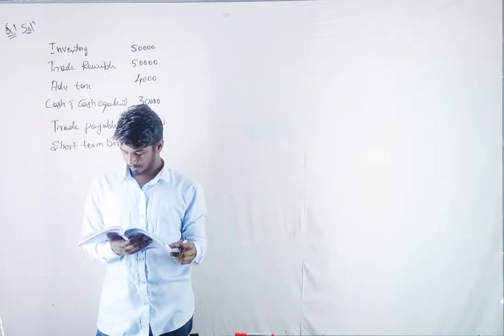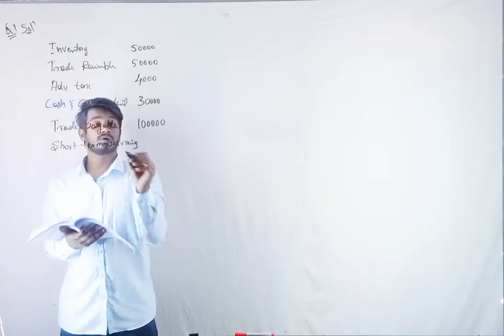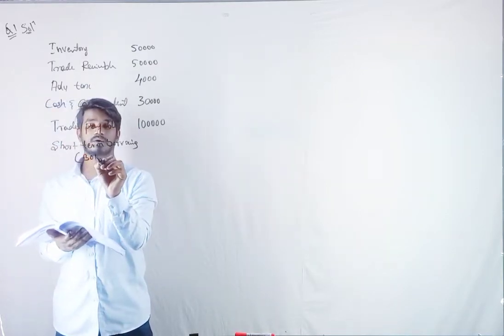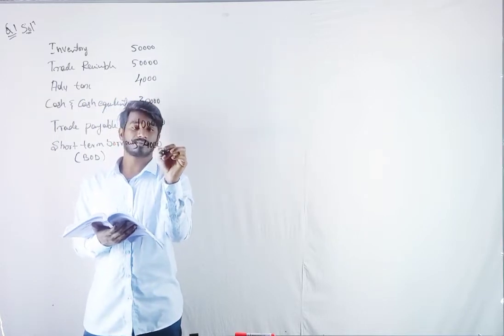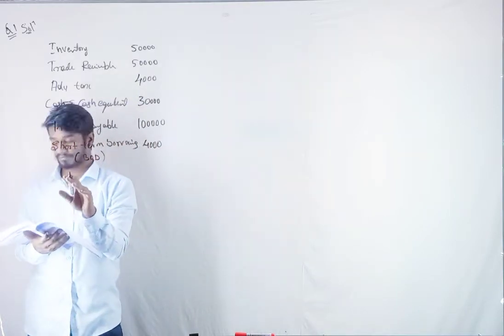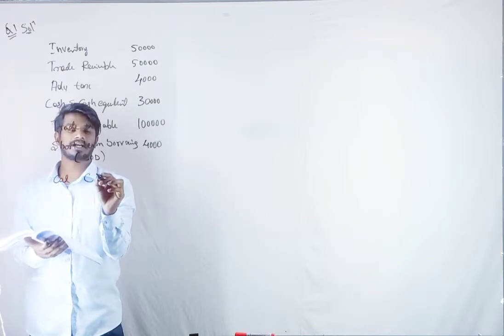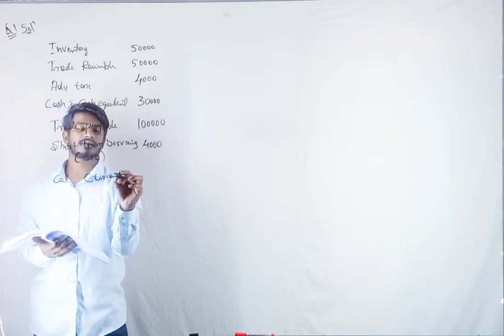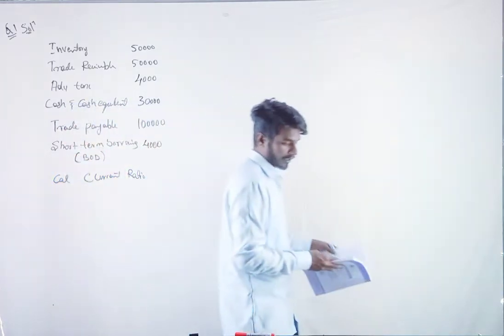Short term borrowings, that is bank overdraft, 4,000 they have given. What they have asked for is to calculate the current ratio.